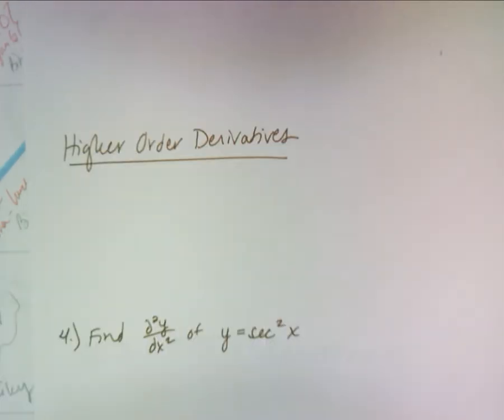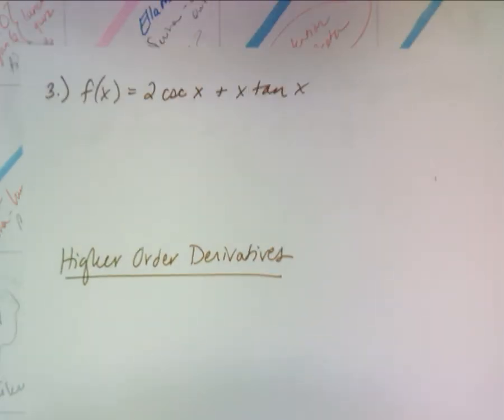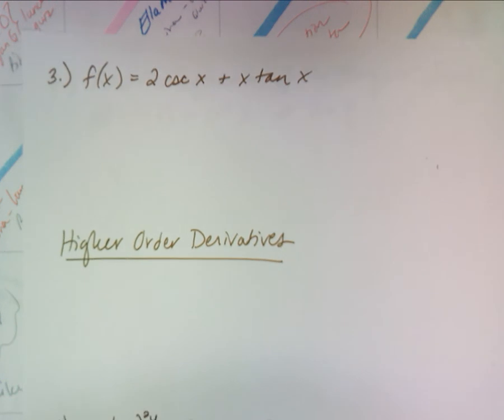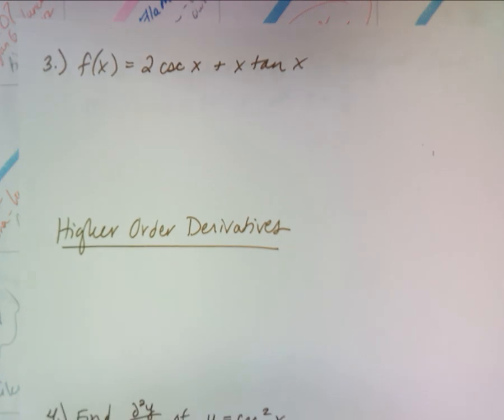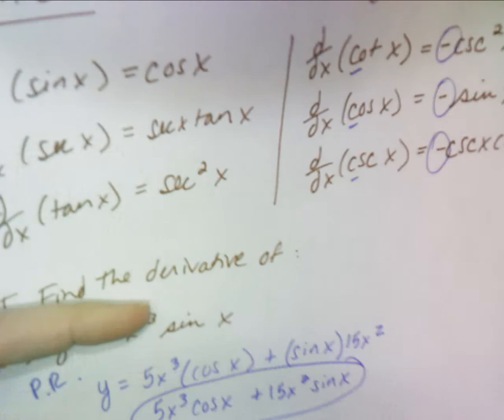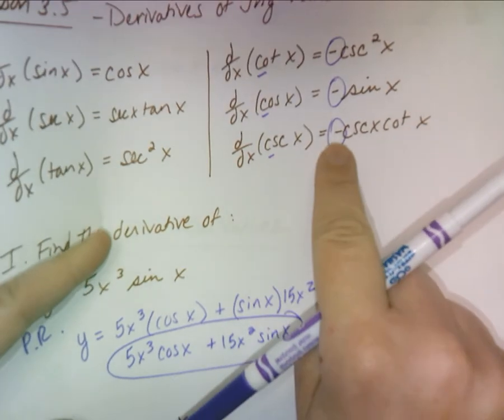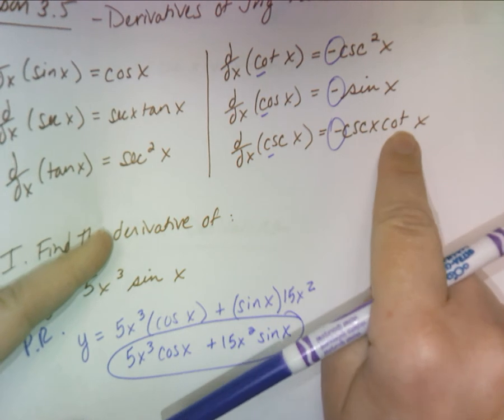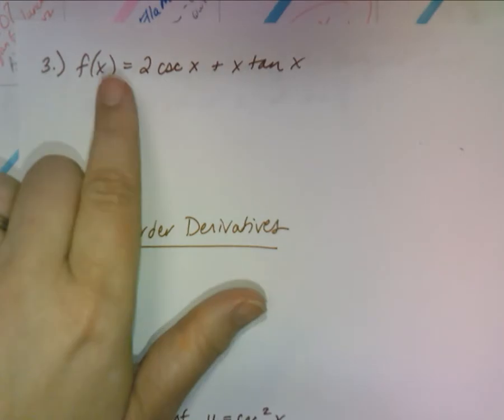All right. One more here. 2 cosecant x plus x tan x. So again, the derivative of cosecant is negative cosecant cotangent. What if I have a 2 in front?